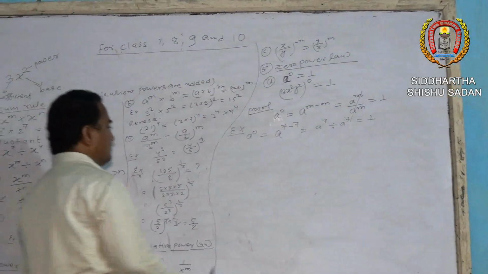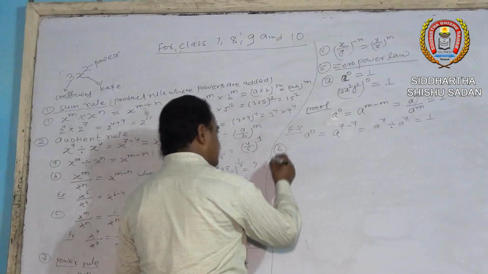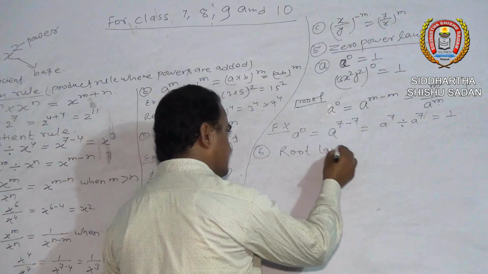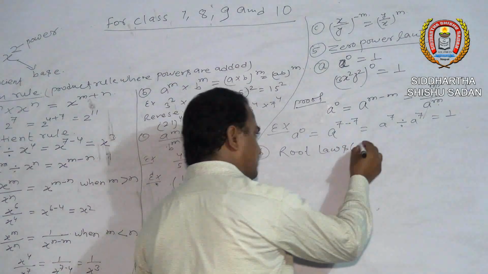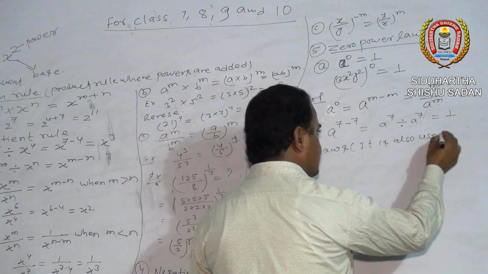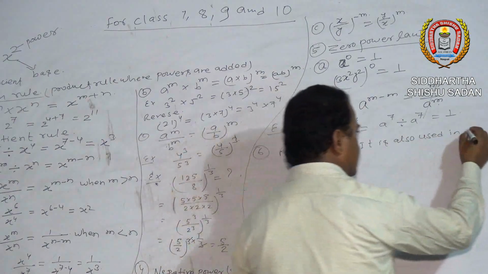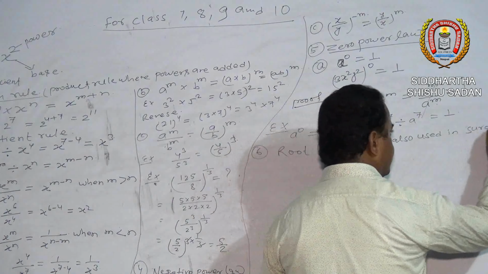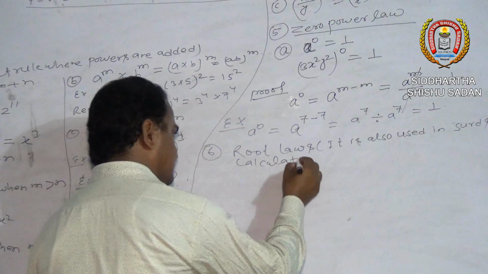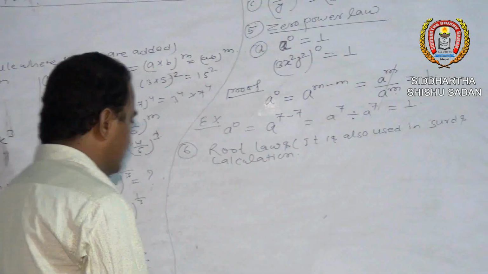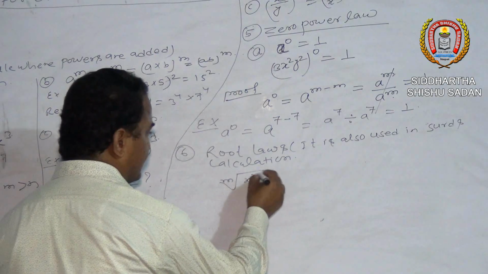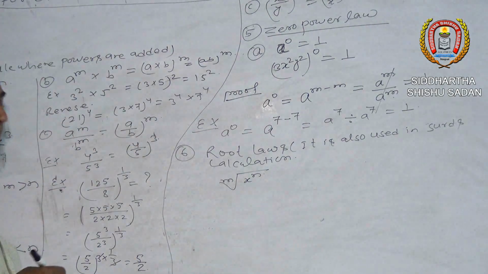Next is root laws. It is also used in square calculation. Look here. First of all, m root x to the power m. What is m and what is x?